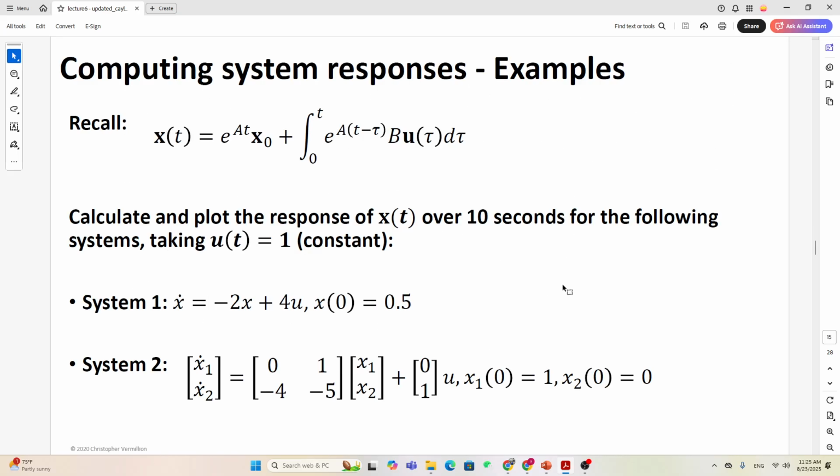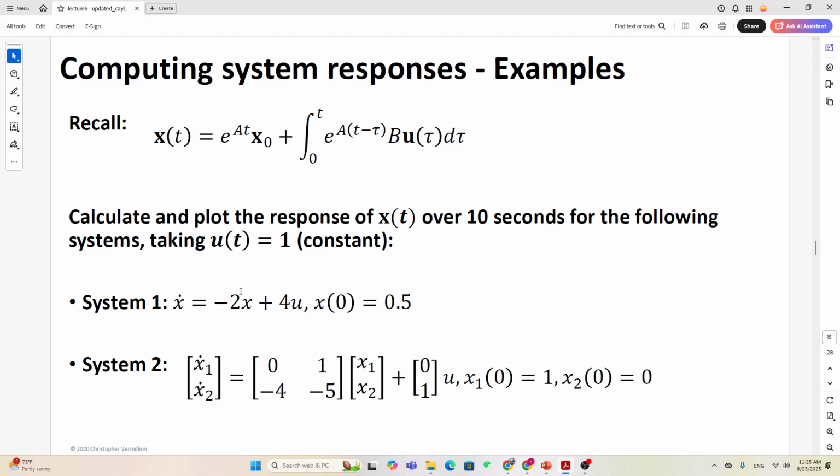So right now, since we derived e to the power A times t for system 2 already, let's start with a simple example, which is a very simple first order differential equation: x dot equals minus 2 times x plus 4u, where the initial condition equals 0.5. And for system 2, we take the input u of t equals 1, right?